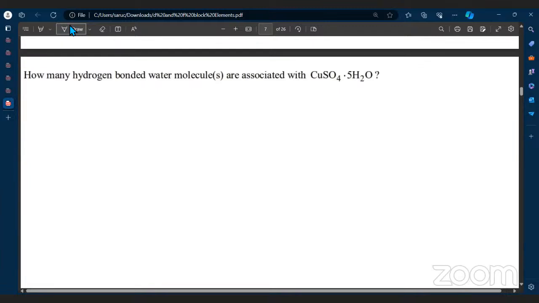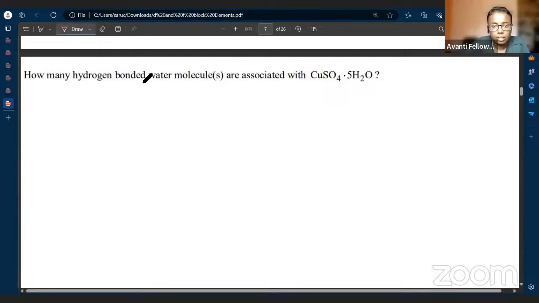Now moving to the next question. How many hydrogen bonded water molecules are associated with CuSO4.5H2O? So they have asked for the number of hydrogen bonded water molecules. Now tell me, what is hydrogen bond?